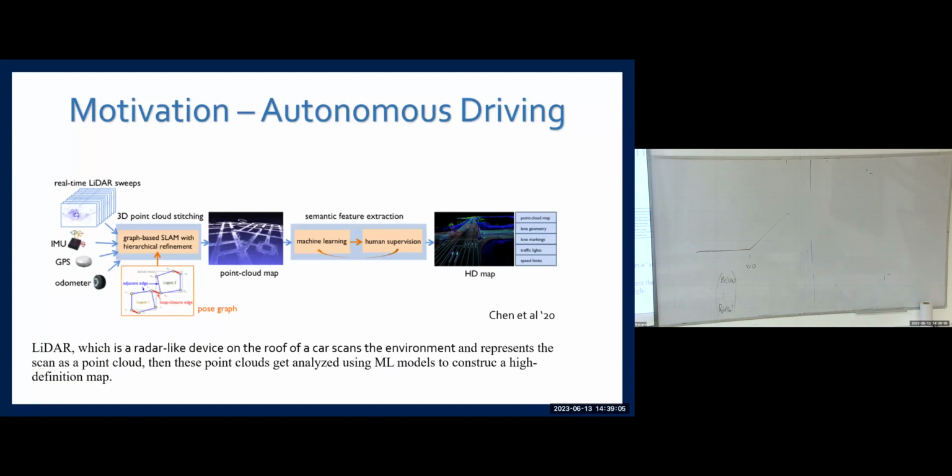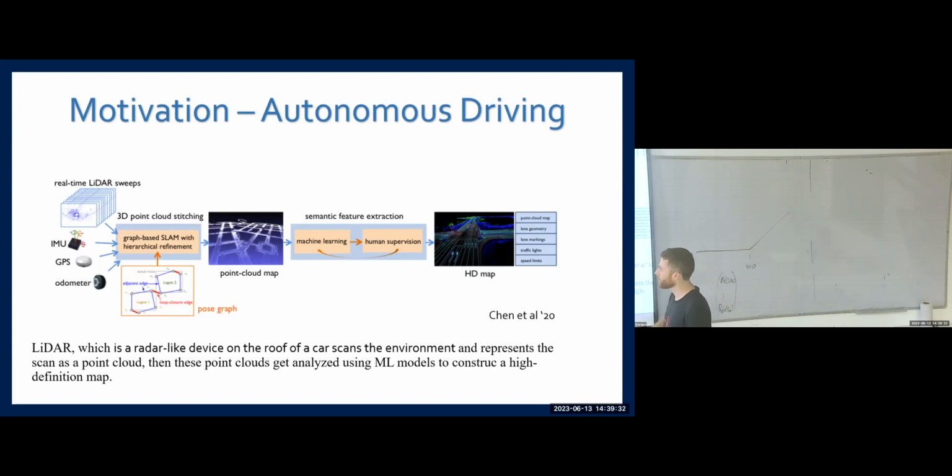Another interesting motivation that arose lately is self-driving cars. When you have a self-driving car, you have this radar-like device on the roof of the car, and it's called a LiDAR. It kind of spins around and sweeps images of the surroundings. And the images that it receives are actually point clouds, not some type of video information.